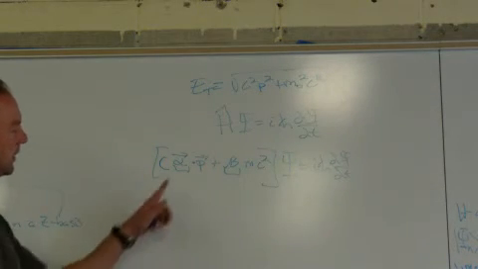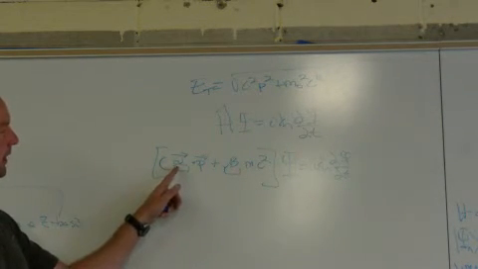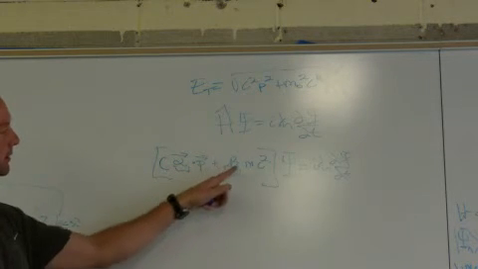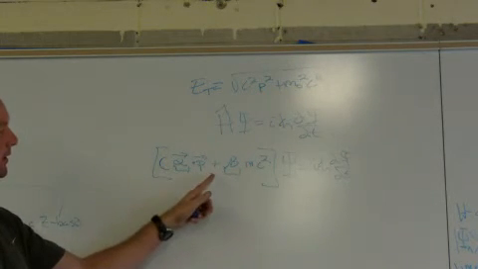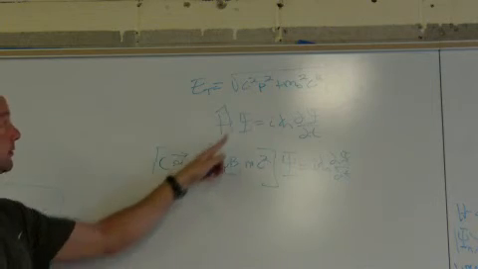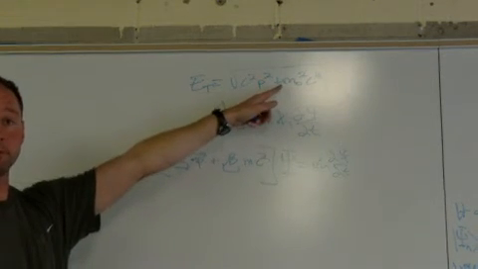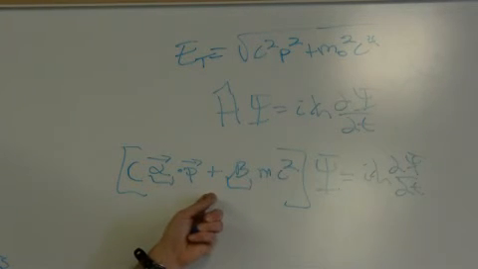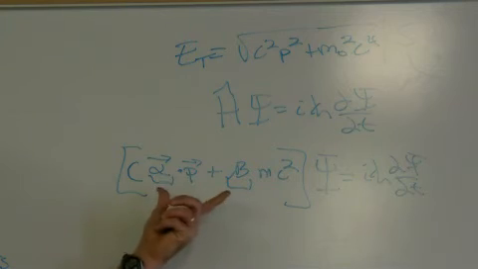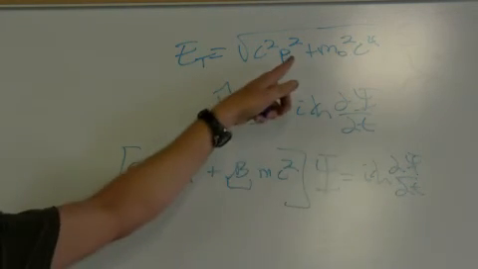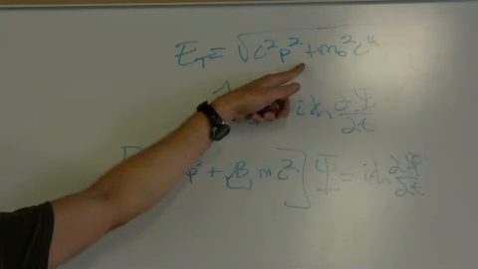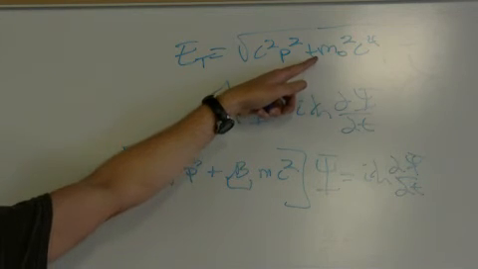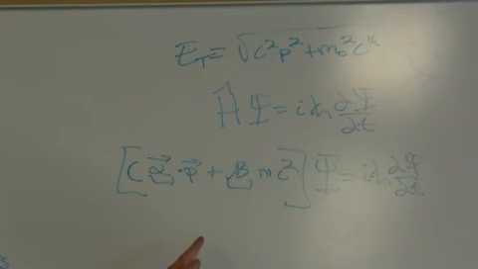You can imagine this is like alpha c p and then m c squared, and if you squared this, you would get c squared p squared plus m_0 squared c to the 4th, but then you have to get rid of the terms in the middle, so that you end up with just c squared p squared plus m_0 squared c to the 4th.